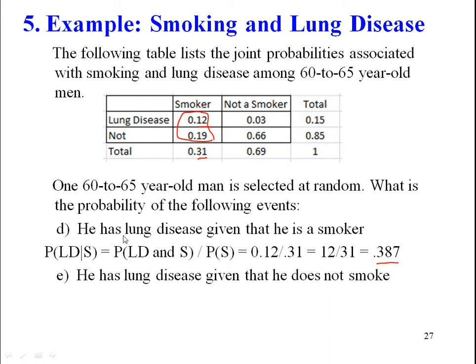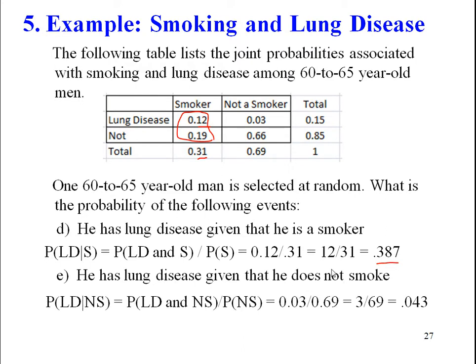Okay. Now what about has lung disease given that he is not a smoker? Okay, now we're in the reduced sample space of not a smoker. So the probability of lung disease given not a smoker is equal to the probability of lung disease and not a smoker divided by the probability of not a smoker. Right, now we're in the not a smoker space, so this right here, that's 0.69. So lung disease is 0.03 divided by 0.69.